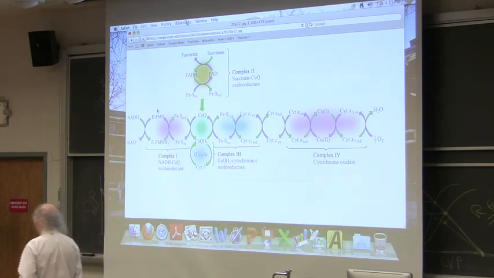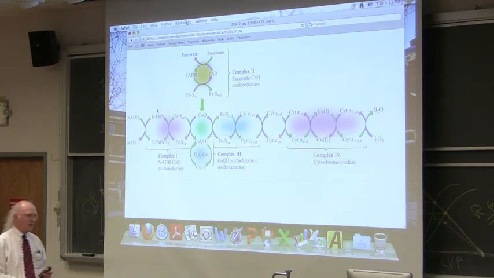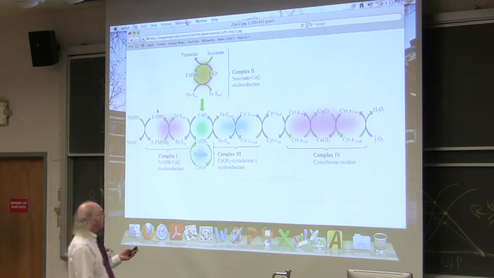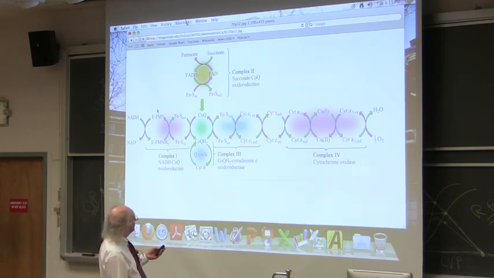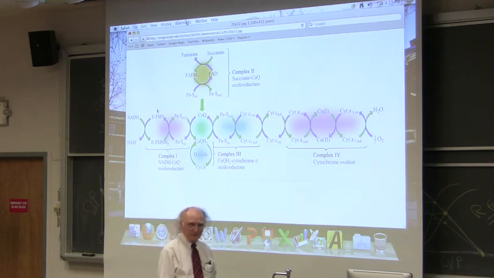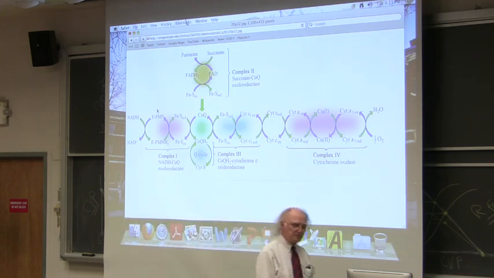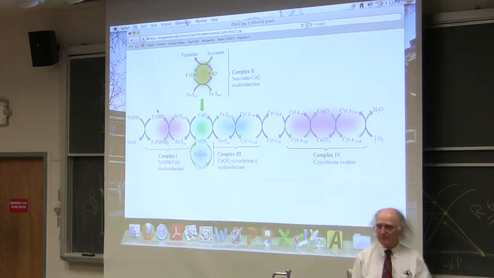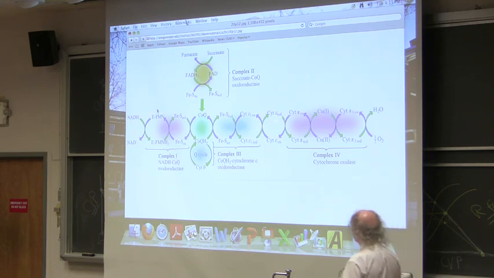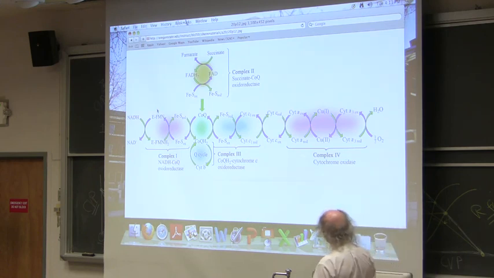So from NADH to complex 1 to coenzyme Q to complex 3. And then complex 3 dumps its electrons into this thing over here called cytochrome C. And then cytochrome C dumps its electron into this complex 4.